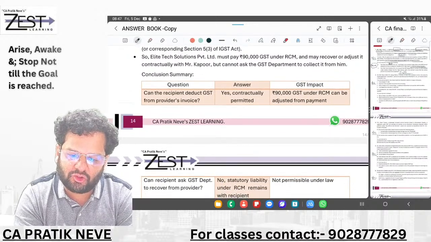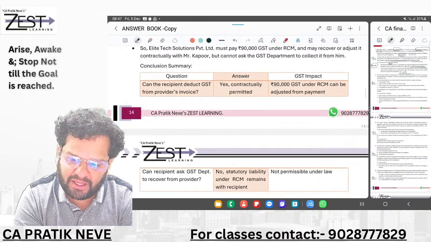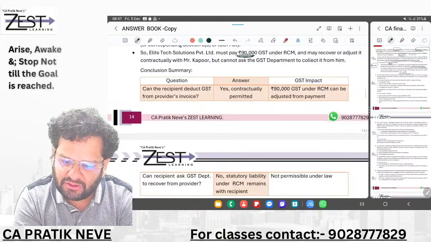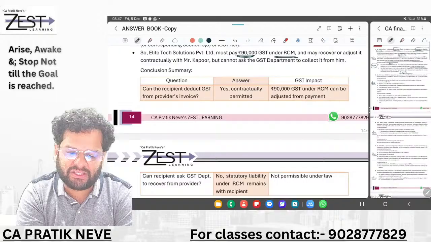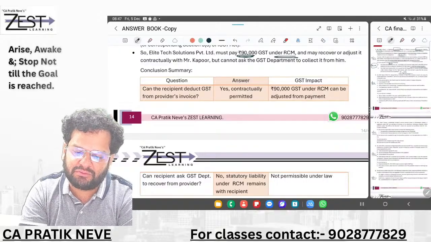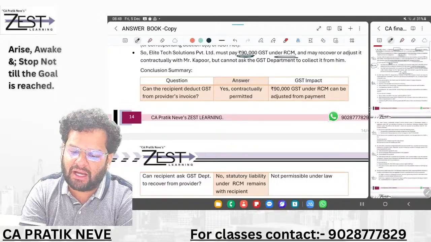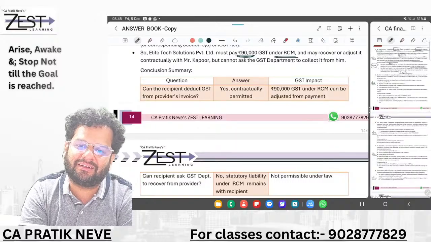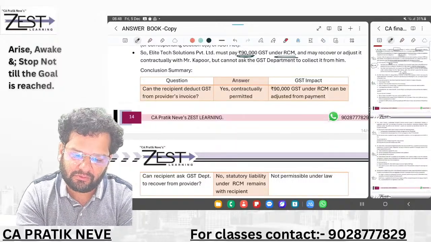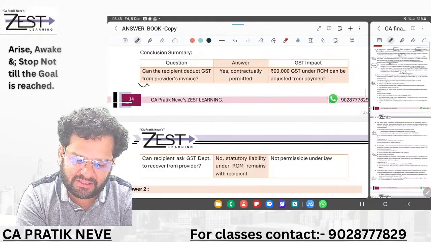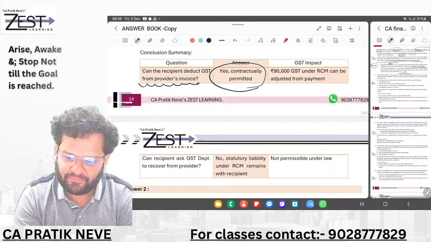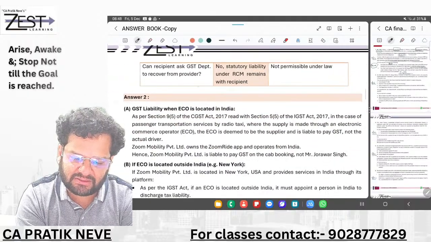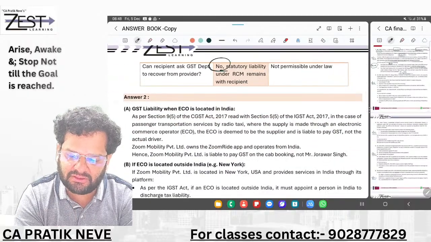So Elite Tech Solutions Private Limited must pay 90,000 GST under RCM and may recover or adjust it contractually with Mr. Kapoor, but cannot ask the GST department to collect it from him. So can the recipient deduct from the provider's invoice? Yes. But can the recipient ask the GST department to recover? No.